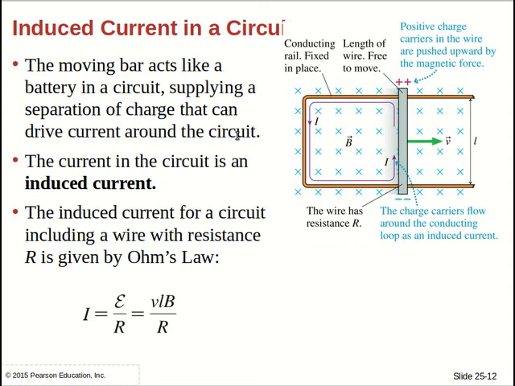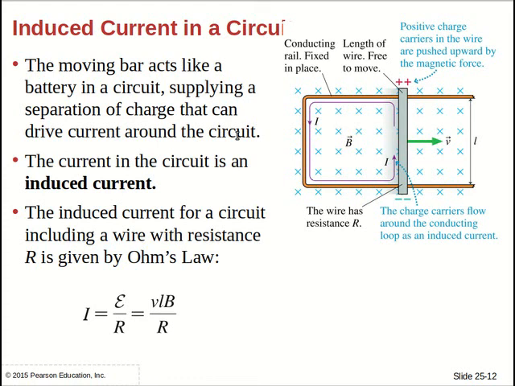Okay, so as we've said, this acts kind of like a battery, supplying a separation of charge that can potentially drive current around a circuit if a closed circuit is available. And we call this current induced because it's not being supplied by something that's pushing charge into the circuit. It's actually being induced by motion through a magnetic field.